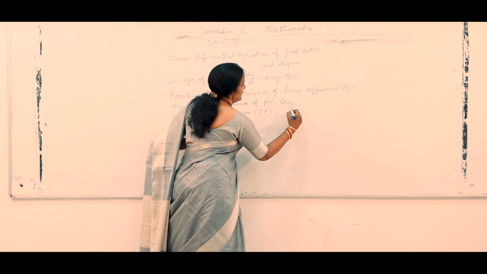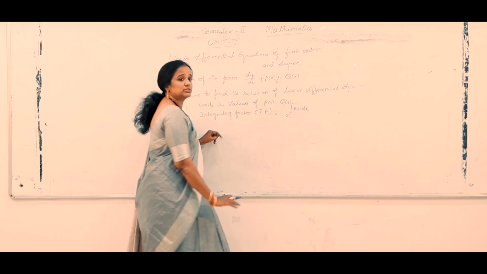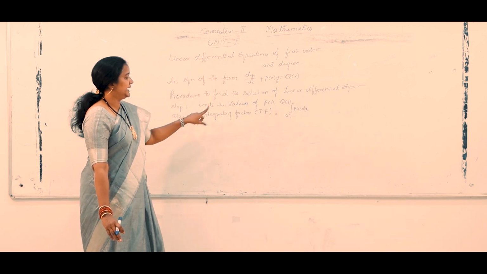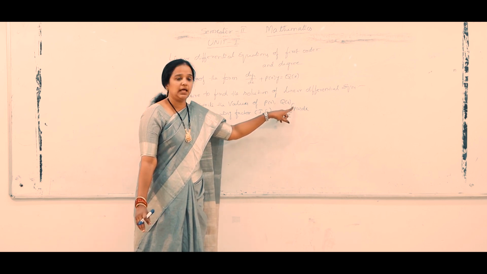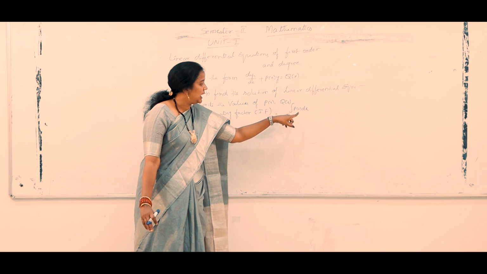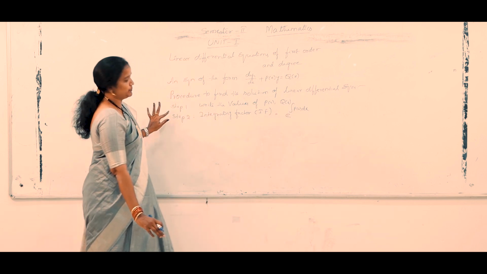IF is equal to e power integral p of x dx. I think everybody knows this formula. Already we know the value of p, so we substitute it in this equation.